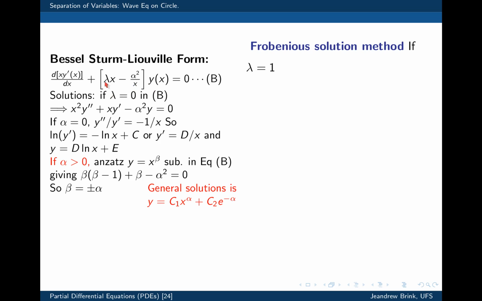If you can solve the problem where lambda is equal to 1, you can reverse the process and find the solution for lambda equal to anything. But first we're going to start by solving the problem with lambda equal to 1.